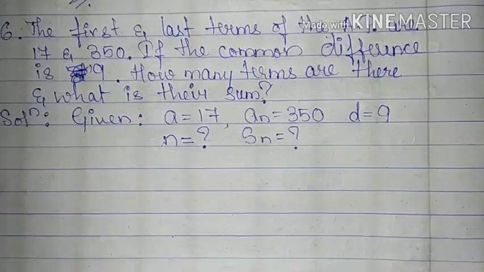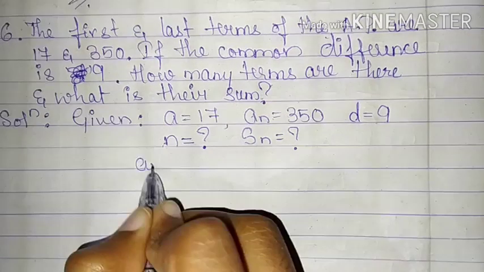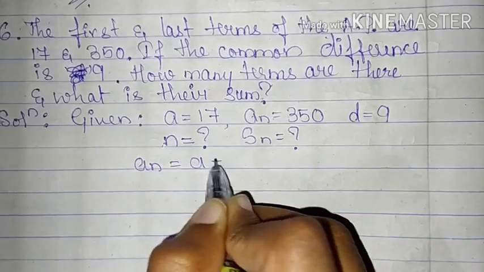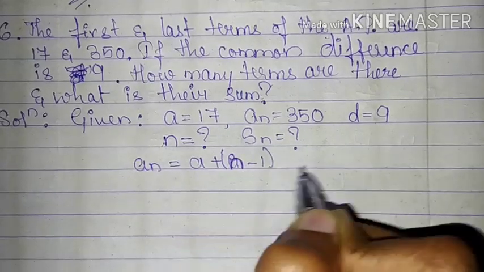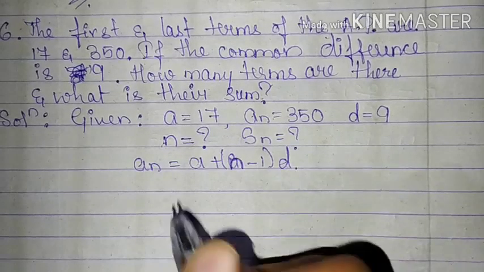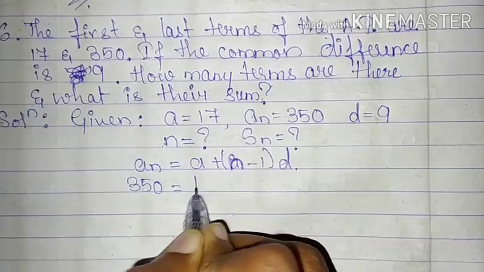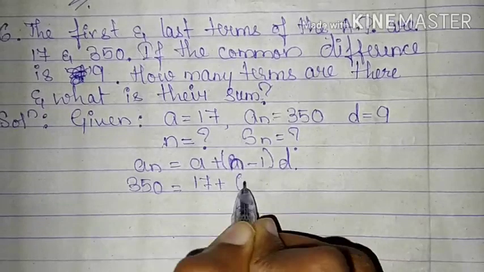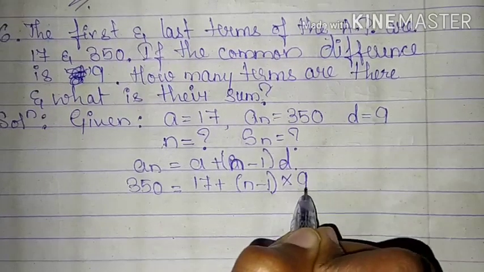We know that from our second exercise, when an is given, a is given and d is given, we find the value of n using the formula an is equal to a plus n minus 1 into d, that is 350 is equal to 17 plus n minus 1 into 9. We don't know the value of n.